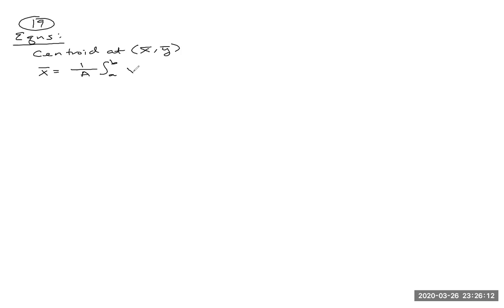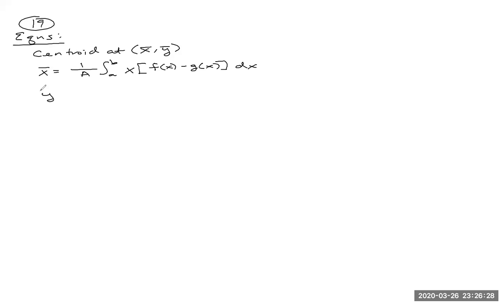So first thing is noting that for number 19, the equations we'll be using, we have our centroid at x bar, y bar, and x bar is defined as 1 divided by the area of the region times the integral from a to b of x times the difference of your functions, f of x and g of x, and then dx.